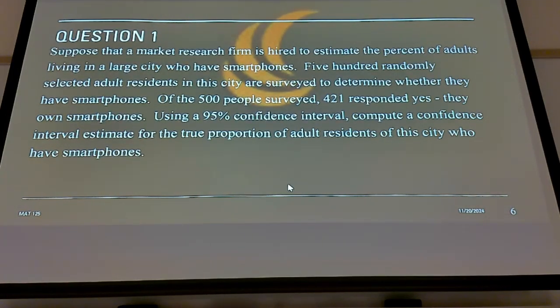All right, first things first. Simple random sample. Generally, we're going to skip that check because it's always going to be a simple random sample. Is the population at least 20 times the sample size?